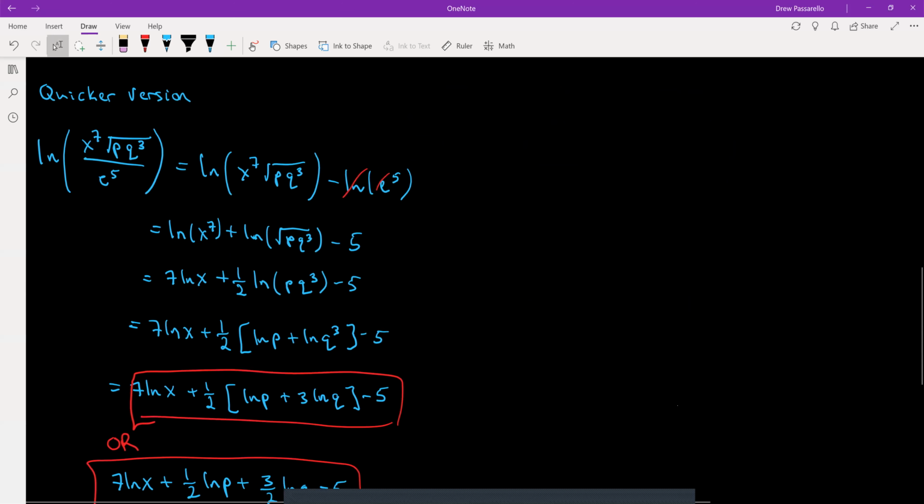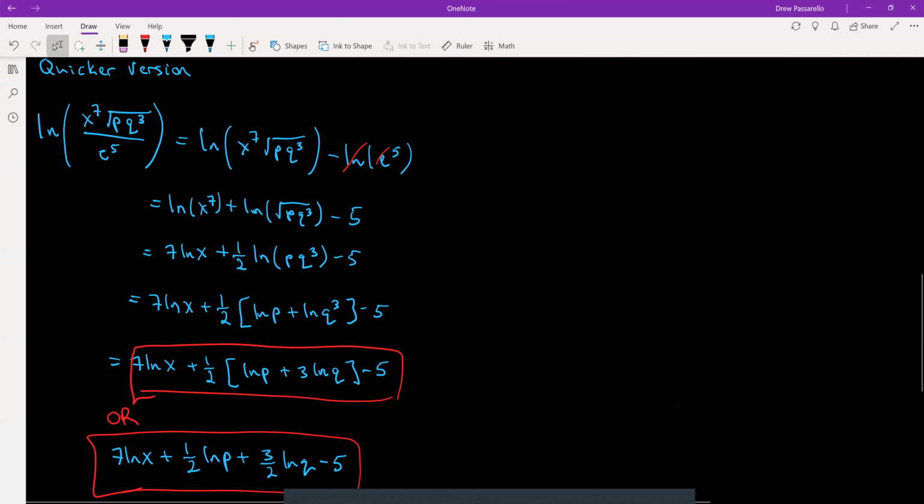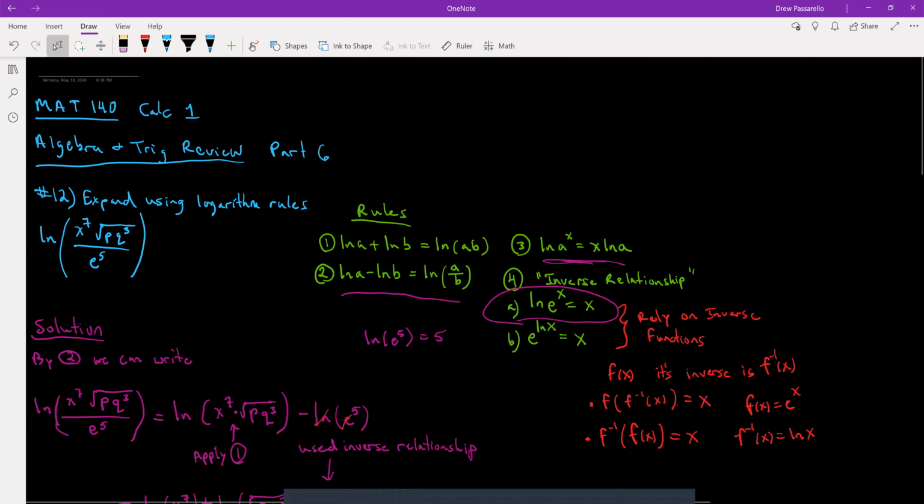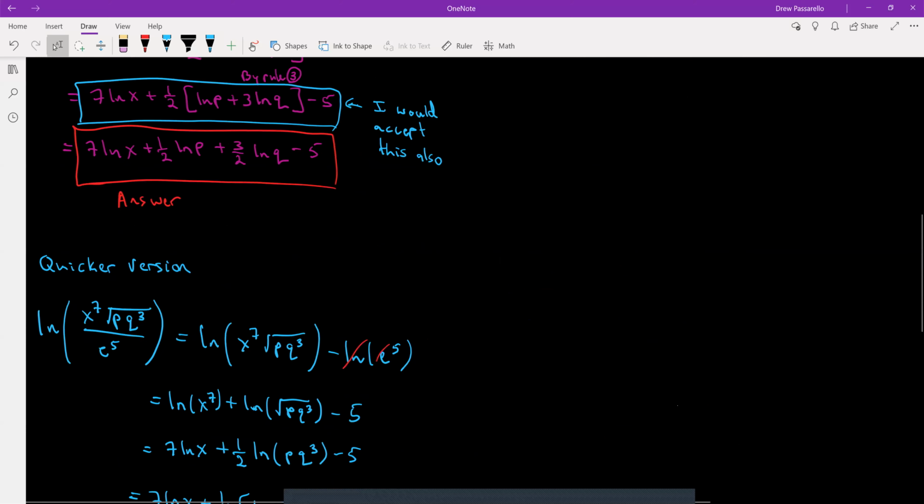All right, so that's how I would do it. Just I'm not writing by rule 2, by rule 3, or whatever. At this stage we're supposed to already know these rules, since that was from algebra. I'm gonna do one more, and it's gonna be a little bit different than this one. So this next one's gonna be number 13.